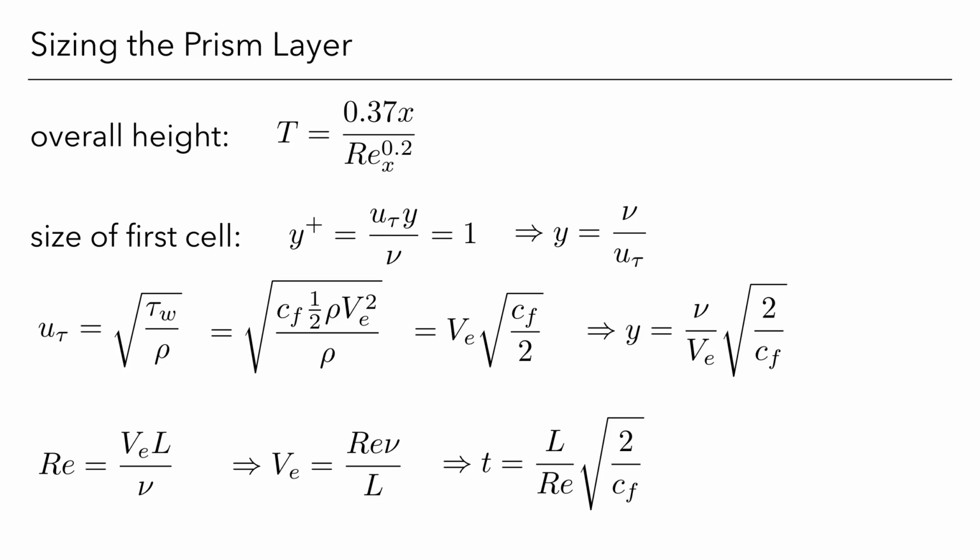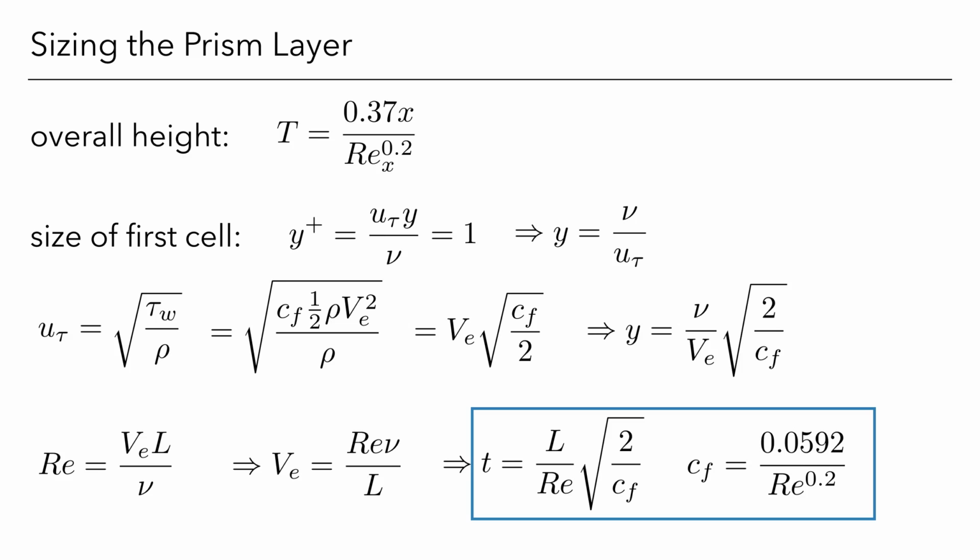And then one piece that's missing, of course, is the skin friction coefficient. So again, use the turbulent empirical formula from Schlichting. We could use the laminar ones, but in general most of our flows can be turbulent, and it's conservative to use a turbulent boundary layer estimate. So there we have it. We've reduced this process down to an equation that only depends on knowing the Reynolds number and a length scale.